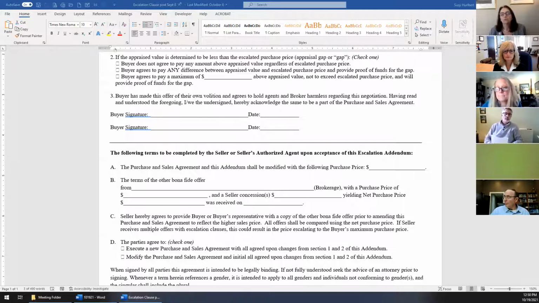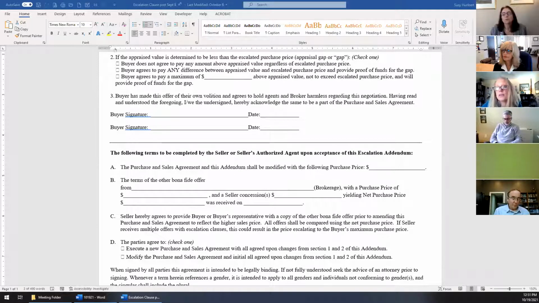That's A. Then B comes in and says, I'll beat any other offer by 5,000 up to 110. Do you automatically assume that the final offer price is 110? No, it's 105, because you were only going up 5,000.